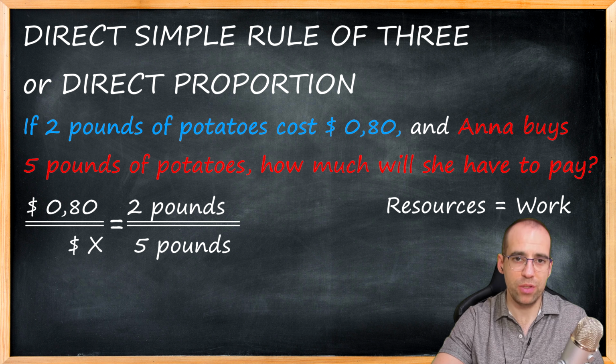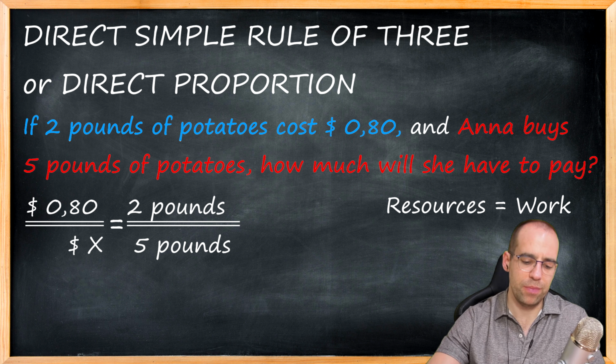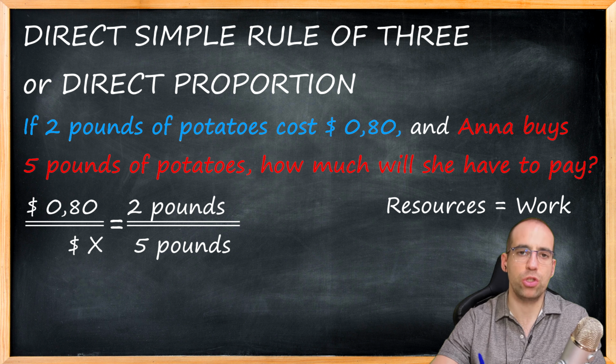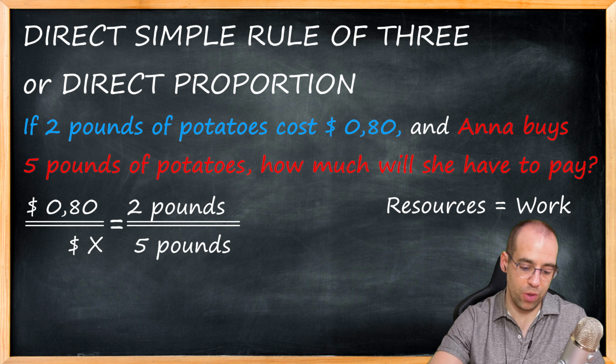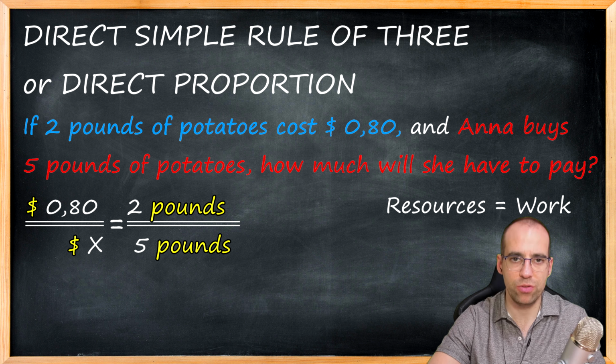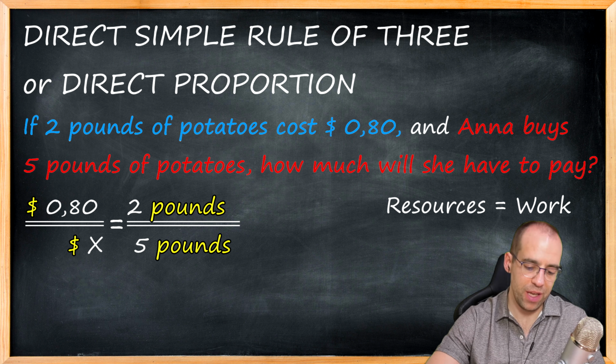What happens from here? It's very simple. The First Algebra of Magnitudes has shown that when a magnitude is divided by itself, you get an abstract number, which is 1. What do we have here? Well, on the first side of the equation, we have dollars divided by dollars, which gives us the abstract number 1. And on the second side of the equation, we have pounds divided by pounds, which also gives 1. So what do we have in the end?